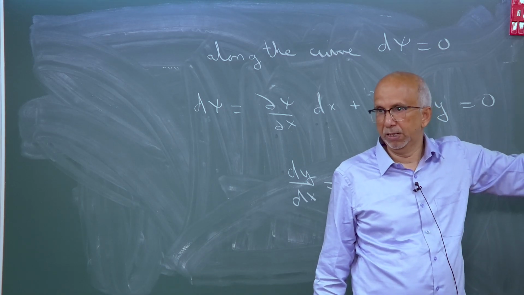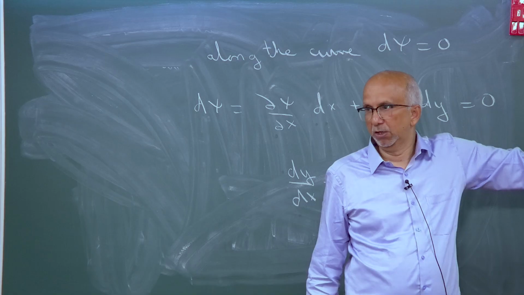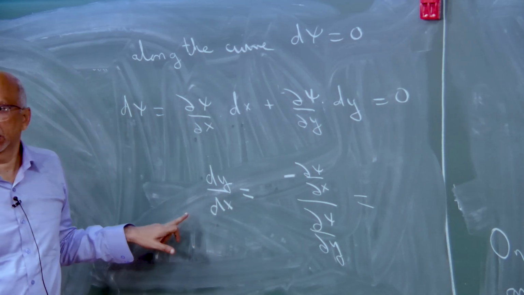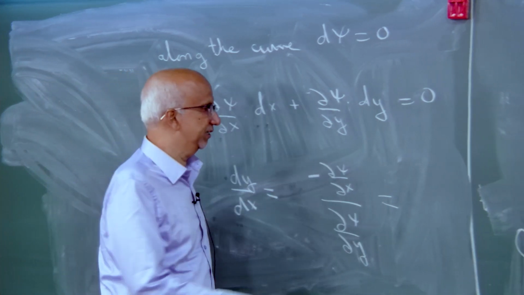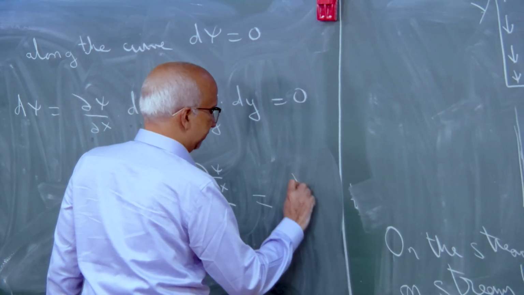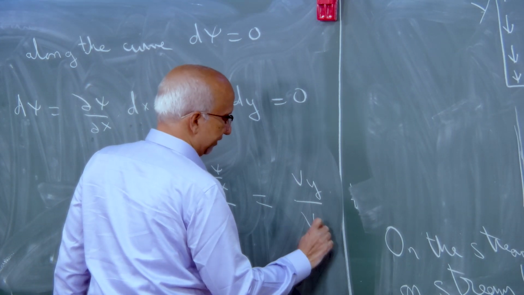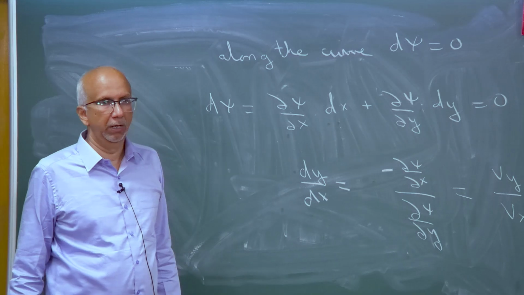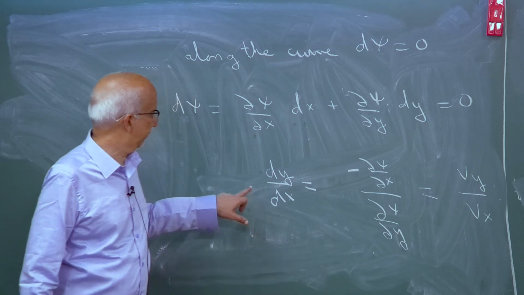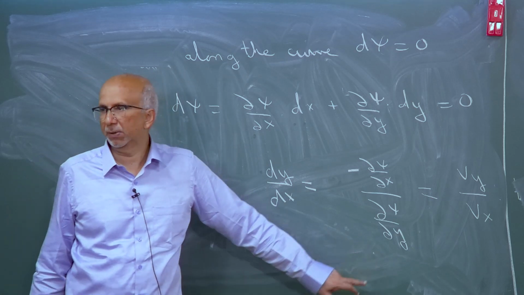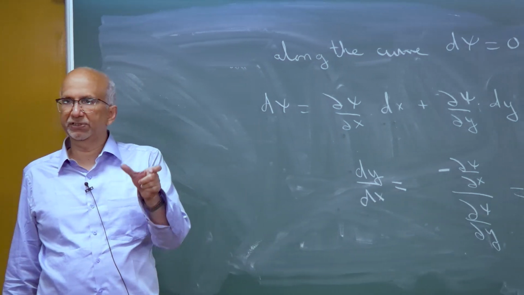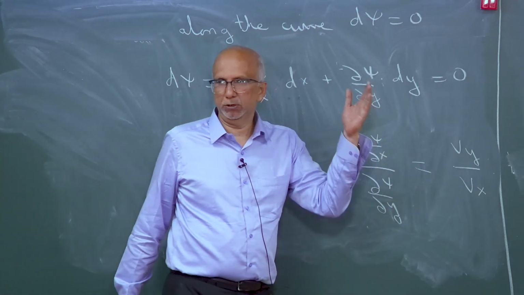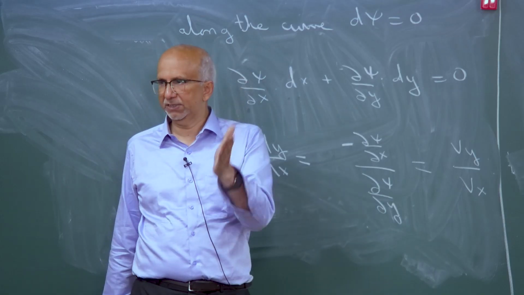On the streamline, the velocity is tangential to the streamline. So, this is the slope of the streamline, the velocity is tangential. If you do that, you will get this is Vy divided by Vx, okay. So, the first part is coming because of the definition that psi is constant. The second part is coming because I am telling you that along the line the velocity is tangential.